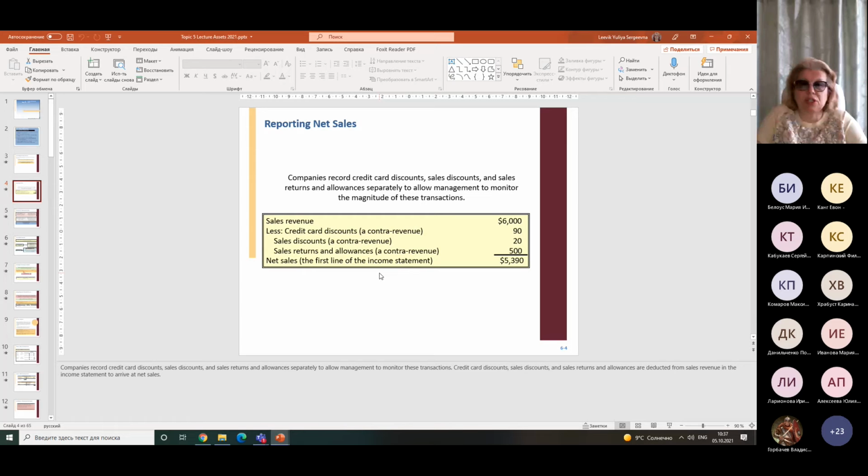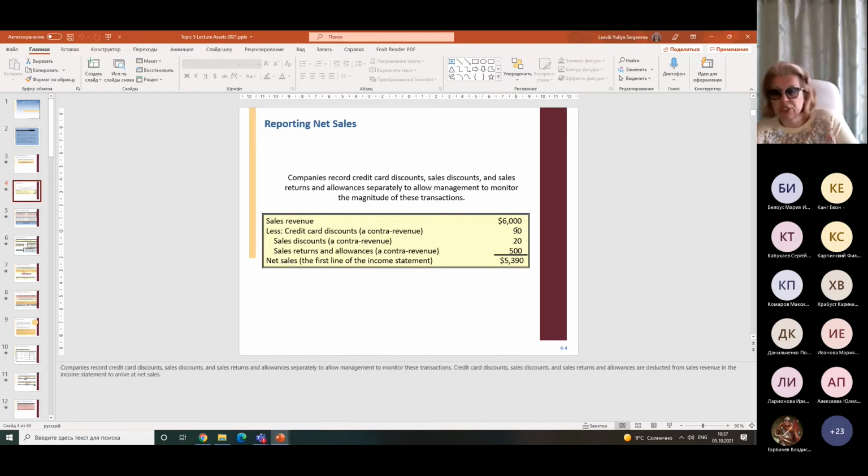And we classify these discounts into three main categories: credit card discounts, sales discounts, sales returns, and allowances. And we should treat these discounts separately to allow management to monitor the situation in business. So, in order to adjust sales for these discounts, we put them separately on specific accounts, and after that subtract from the amount of sales revenue, and we get the amount of net sales.